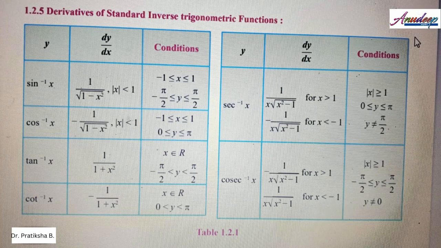The derivative of sin inverse of x is 1 upon root of 1 minus x square, and the condition is mod of x should be less than 1. Also, another condition imposed is x takes a value between minus 1 and 1, and y takes a value between minus pi by 2 and pi by 2. So we need to learn the range where the derivative exists for the inverse trigonometric functions when we are attempting problems on them. So do learn this table by heart.